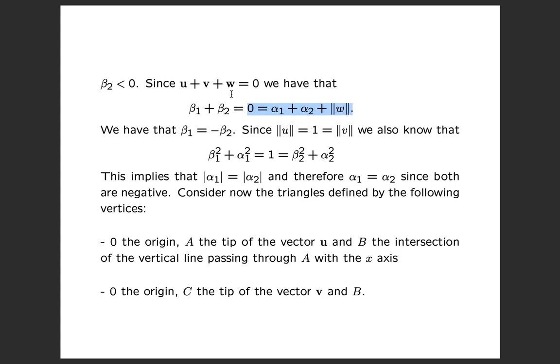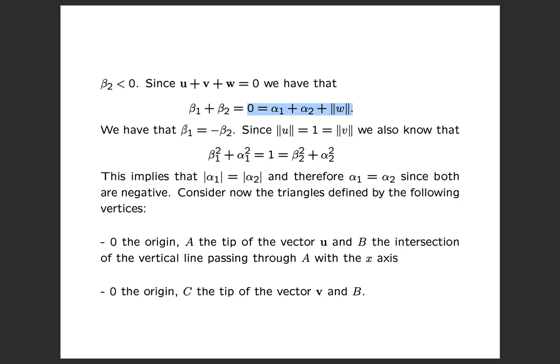All right, so what do all these things mean? First of all, from the first equality, beta 1 and beta 2 are the same in absolute value, but they have opposite signs. Further, since both vectors u and v have norm 1, the sum of the squares of beta 1 and alpha 1 equals 1, and coincides also with the sum of the squares of alpha 2 and beta 2.